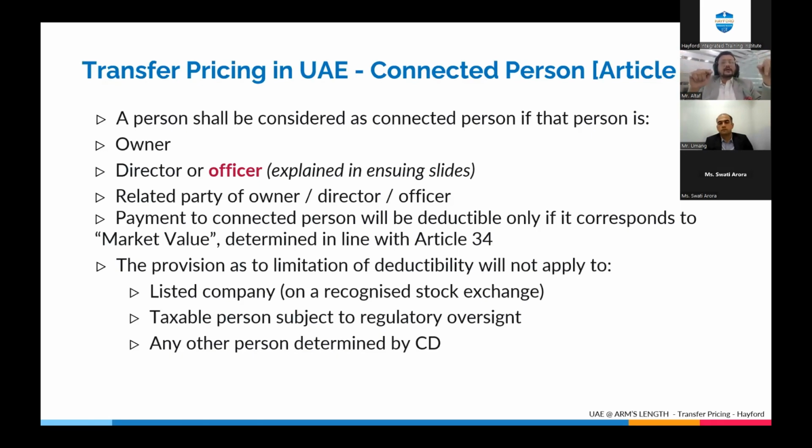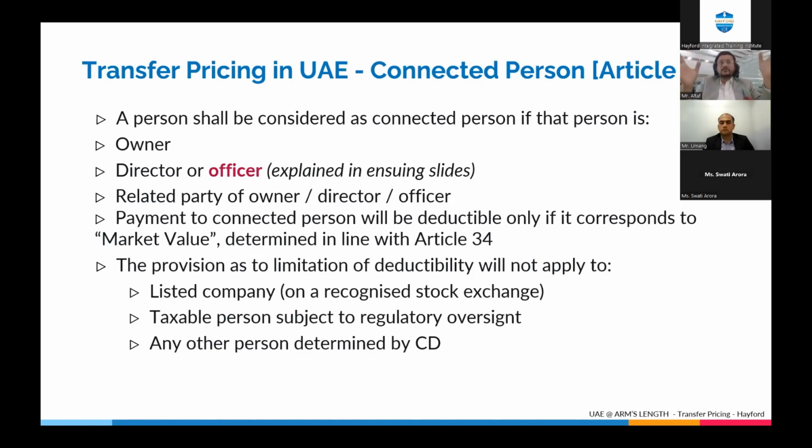What about those entities which are subject to regulatory oversight? Sometimes banks, insurance companies, even certain other types of companies may not be listed, but the central bank or another regulatory body is very closely doing the regulatory oversight for them. As a matter of fact, if you remember, some laws on DNFBPs, designated non-financial businesses and professions, were recently issued.